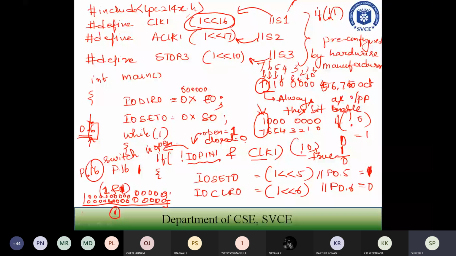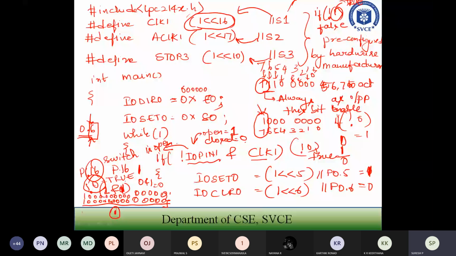If not true, it means false. This particular condition will not be satisfied at that point. Only when it is closed will it be satisfied. Why? Because 0 AND 1 is 0, and not 0 is true. Not 0 is nothing but not false, and not false means true.